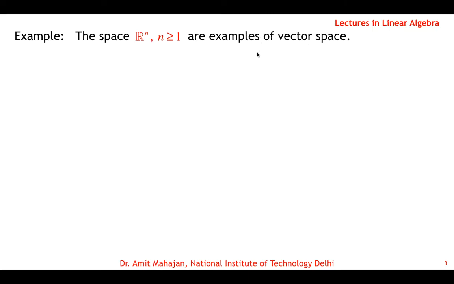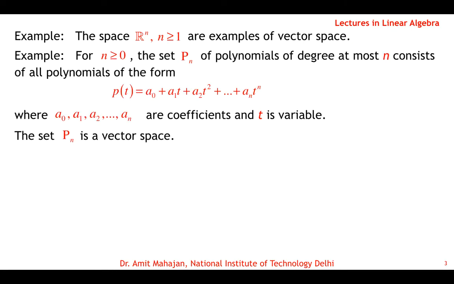We are not going to prove this, but we are going to take some more examples to show how the definition of vector space can be used, and maybe one or two counterexamples.